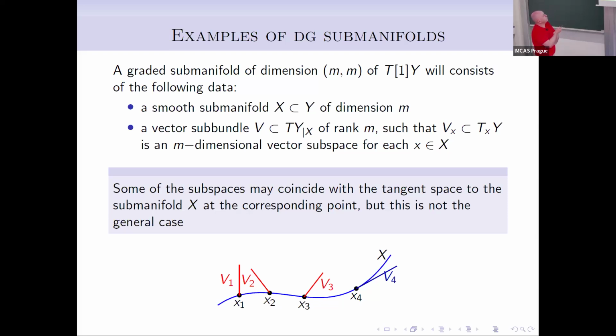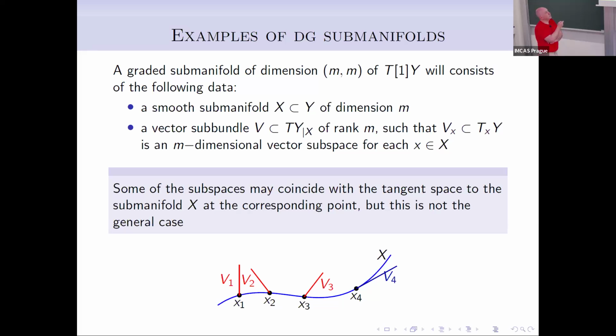And in particular, it's a simple exercise that everyone can check. If you have a graded submanifold of dimension m|m inside T[1]Y with the standard DG structure, which is given by the de Rham operator, then Q submanifolds are in one-to-one correspondence with usual submanifolds X of Y, and the embedding is given by the embedding of T[1]X into T[1]Y by the tangent map to the embedding.